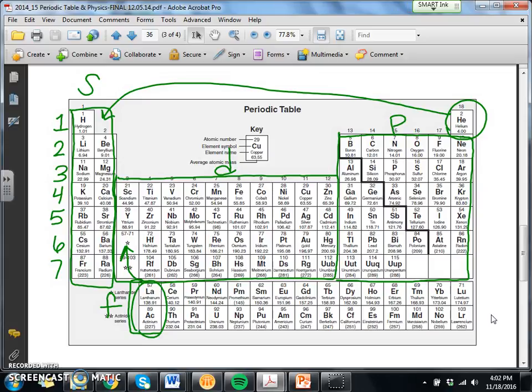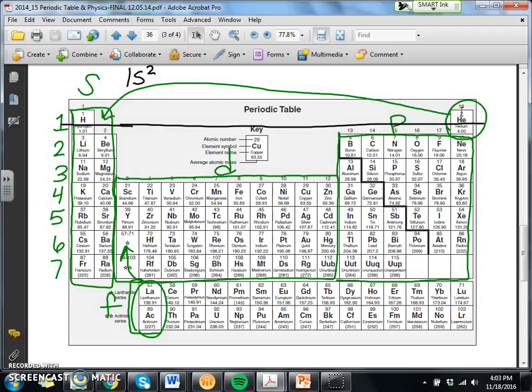Now, to figure out the order, you just read the periodic table like a book. Now, when you're reading a book, you start from the left top part of the book and you go across. So if I were to read this like a book, I would start here and I'd say 1s, and I had a total number of 2 boxes, hydrogen and helium, so I put the number 2 as an exponent, and that takes care of my first row.